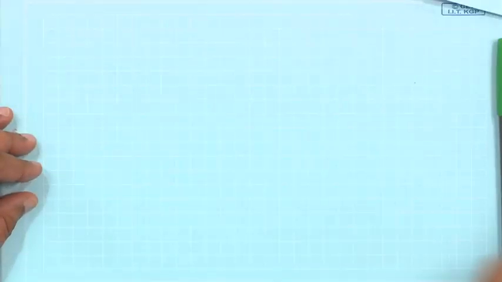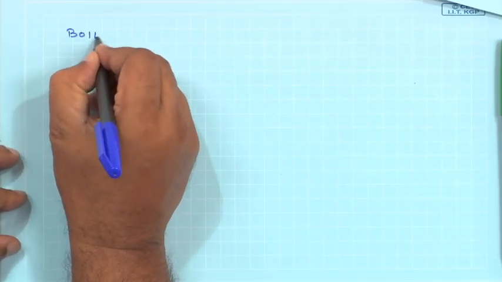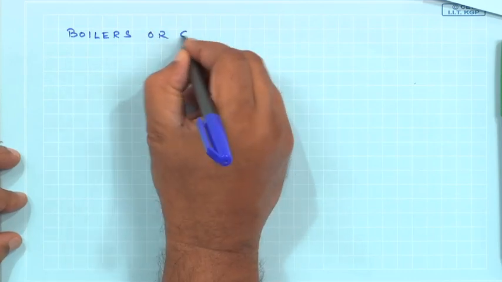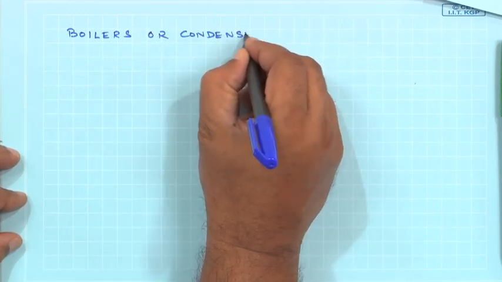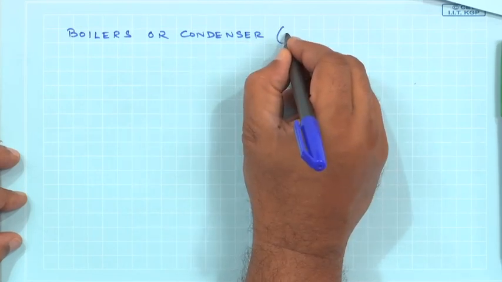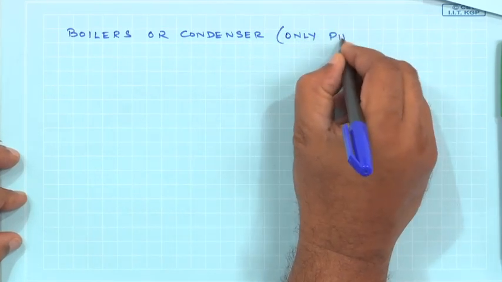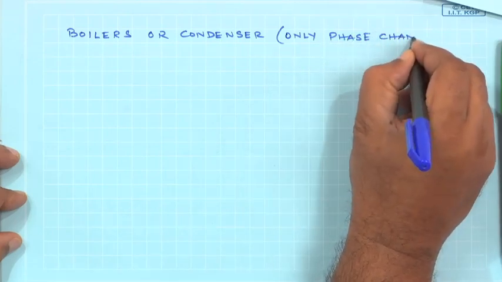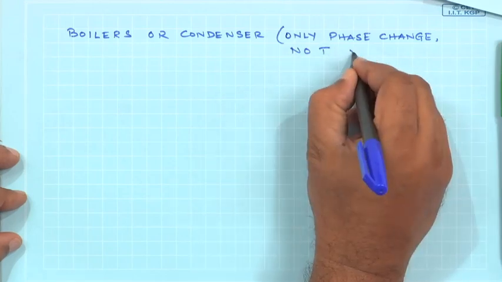So, for boilers and condensers, only phase change is taking place. No temperature variation.